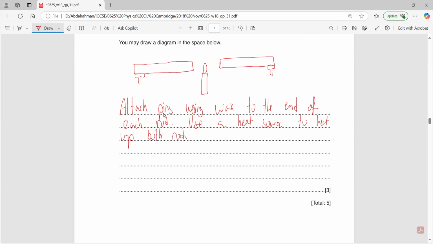The pin which falls first was attached to the better conductor. That's it.